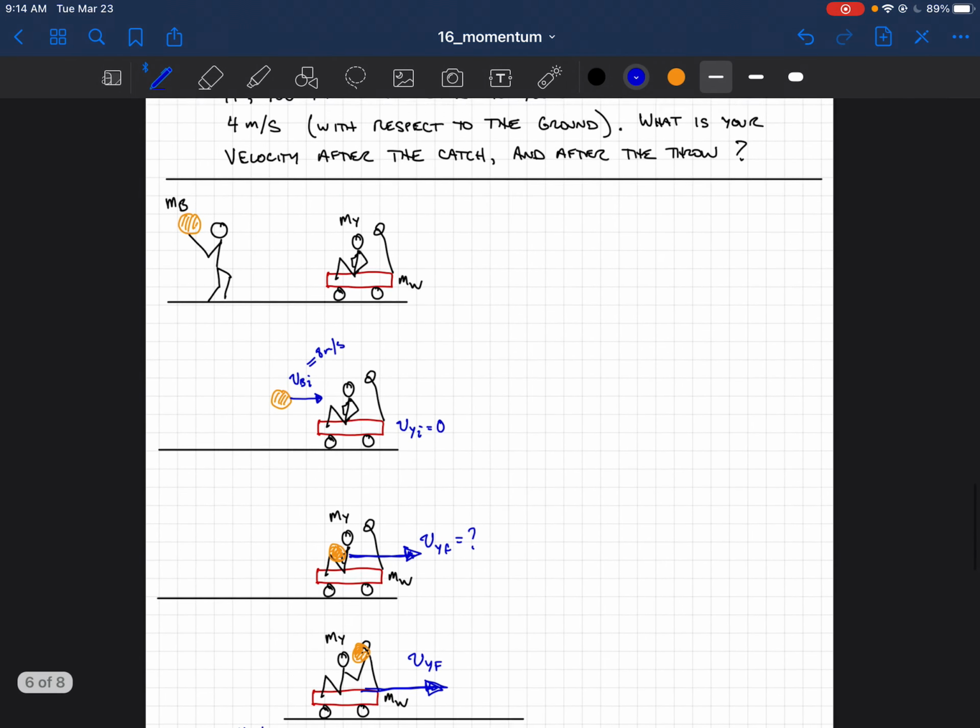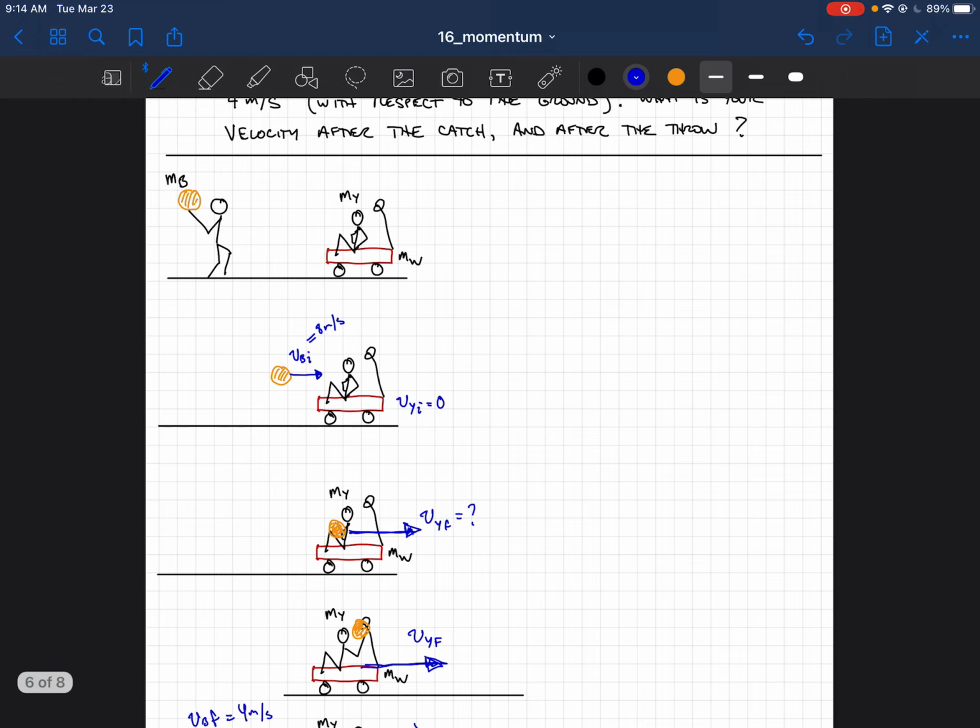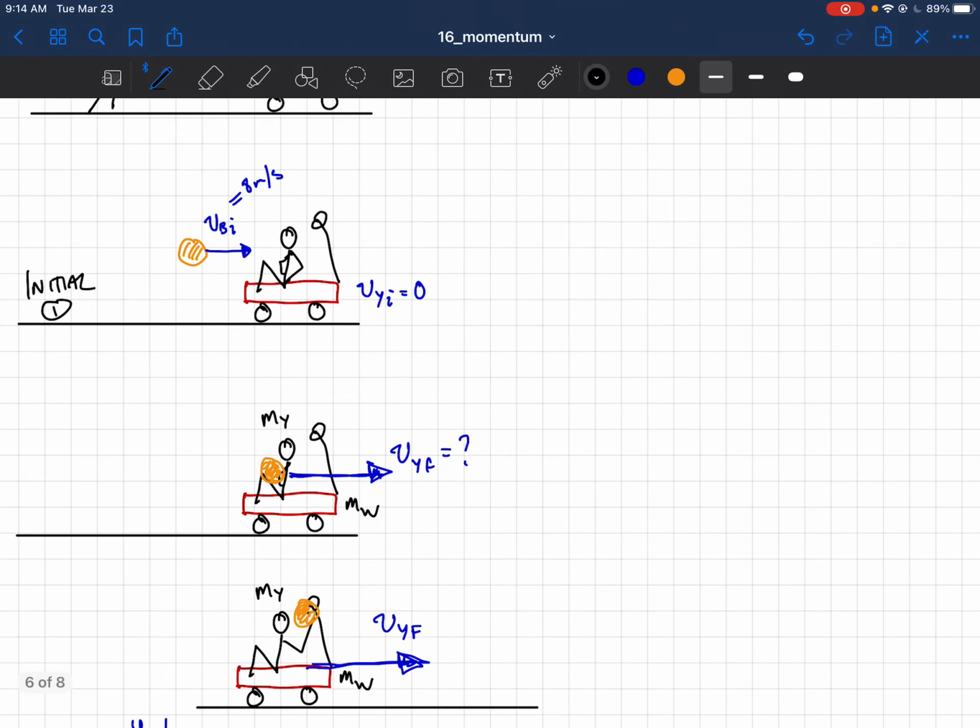So I hope you can sort of see what's going on here, that we have an initial, we could call it the initial 1 picture. When we talk about initial and final, we usually mean before and after some collision, before and after some interaction. And then this will be the final 1 picture, because in between these 2 pictures, the ball collided with you.